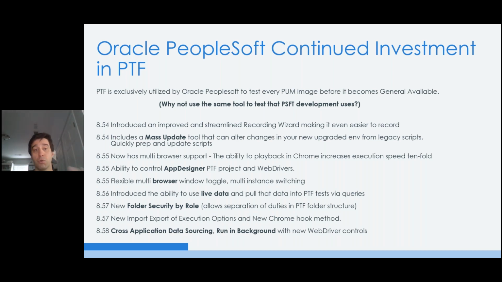That mass update tool can correlate the data, fix everything that you've changed, and your scripts are, again, reusable. You don't have to start from scratch. You just use the mass update tool, which is prepackaged with PTF, and manipulate your scripts with those newly added fields or those retrofitted field names or component names, and then your scripts are working again.